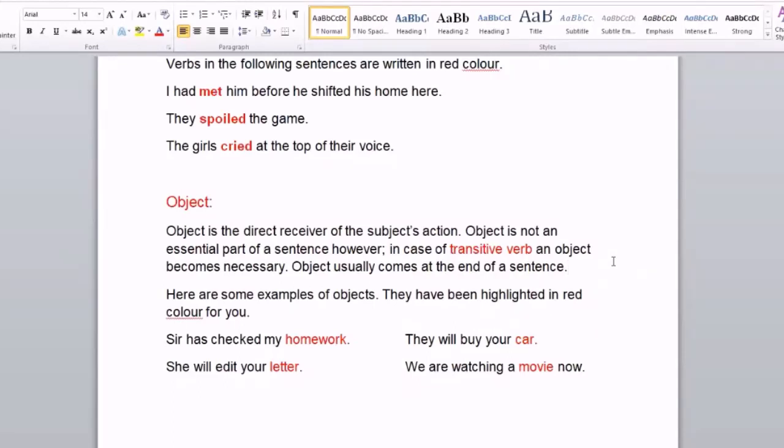Let's say if I'm writing an application on my laptop, then my laptop is my object. If you are throwing the ball, then the ball is your object. So object is the direct receiver of subject's action. Do you understand it now? Yes.